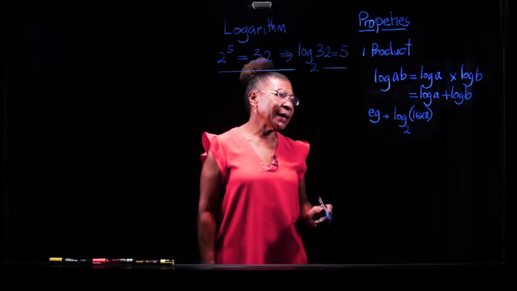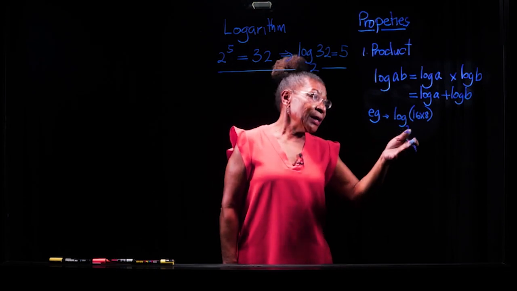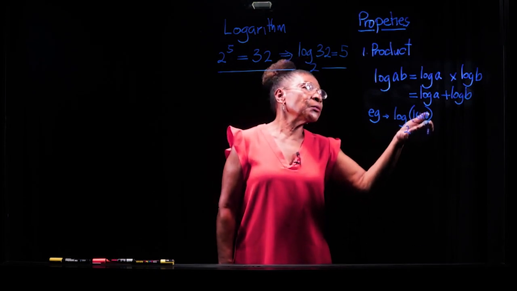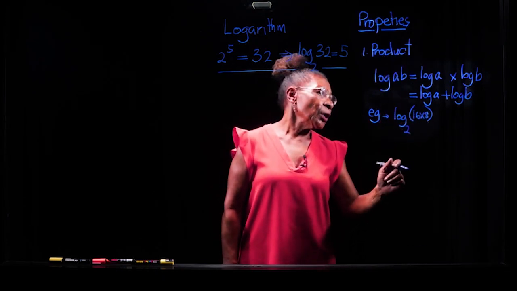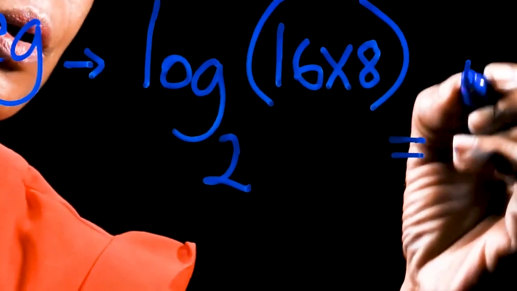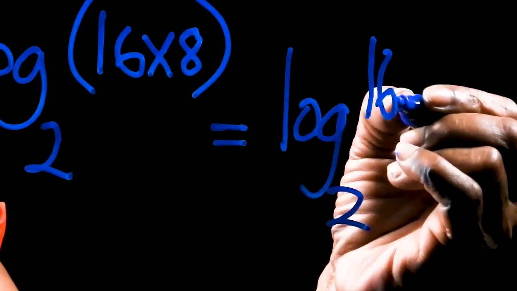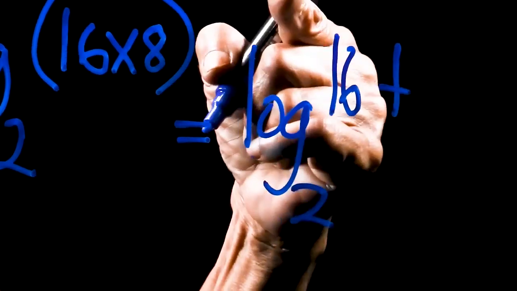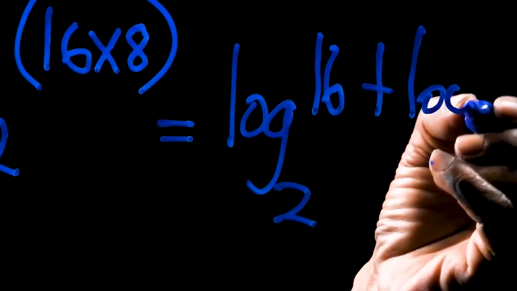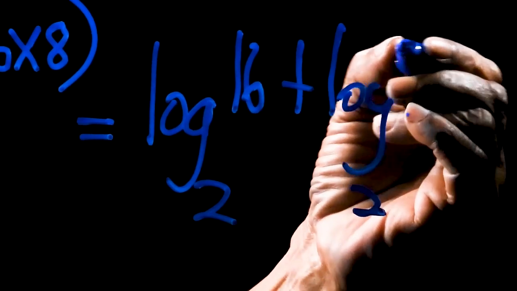What is 16 multiply 8? We said that, okay, if we were using the product rule, it becomes log base 2 of 16 plus log base 2 of 8.